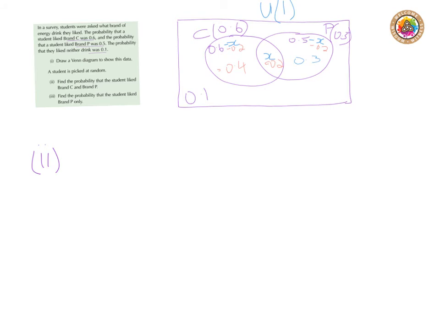So here we're asked in part 2, what's the probability that the student liked brand C and brand P? As we know from our set theory, and means the intersection. So the intersection of C and P, we can see very clearly, is 0.2.